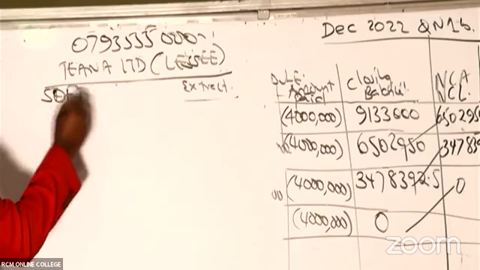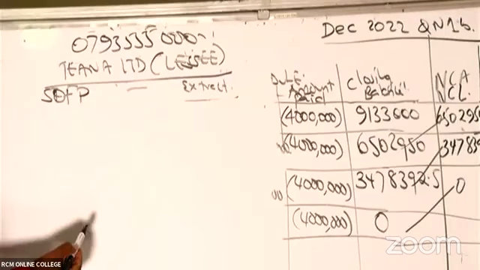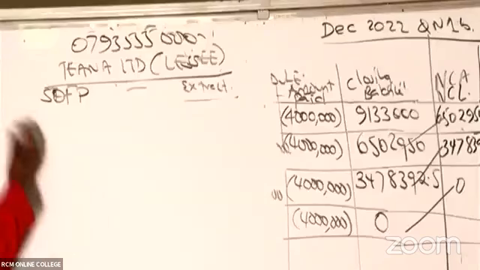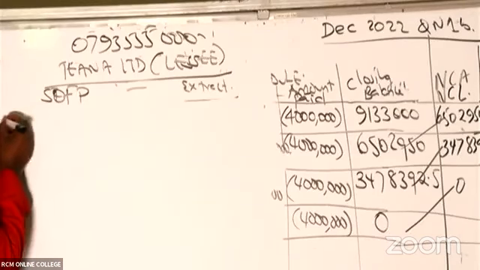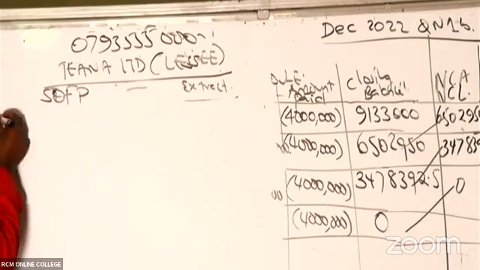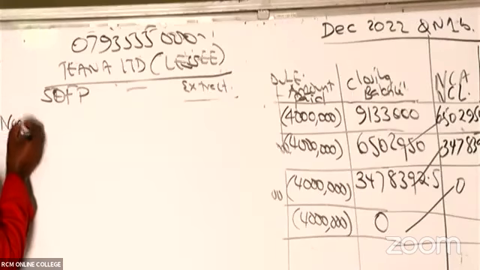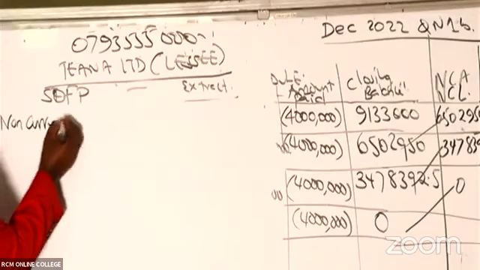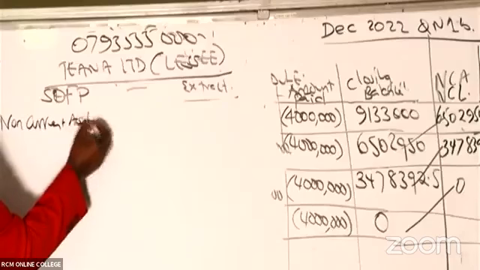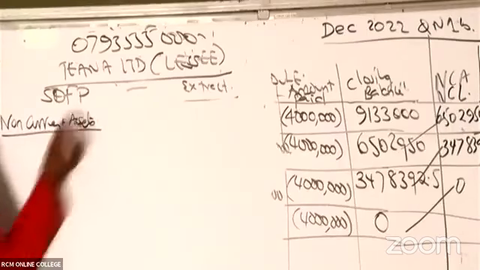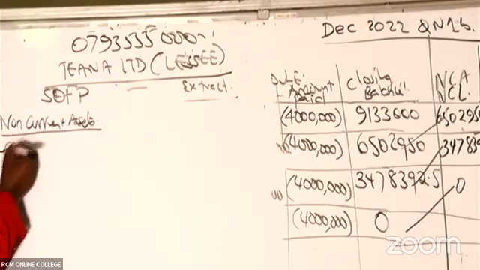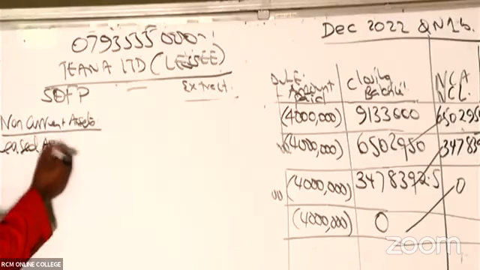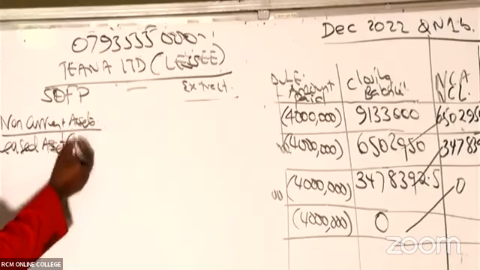So what we have here, ladies and gentlemen, is assets. We shall have our non-current assets, where we shall have what we call the leased asset. We don't call it leased asset really. We shall call it what here, somebody? Right of use.